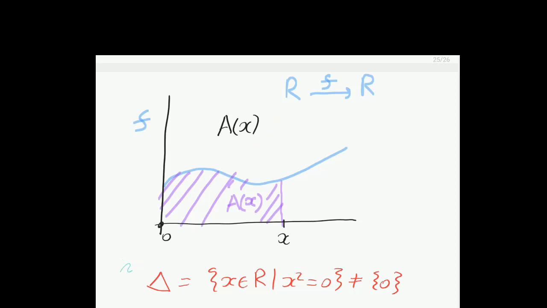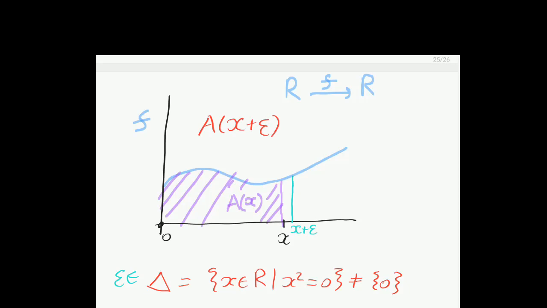And the key idea here is that we're going to consider some nil square infinitesimal, epsilon. And we're going to think about what happens if we increase x by epsilon. Okay, so this value here is x plus epsilon. And so now what we want to work out is the value of A of x plus epsilon.